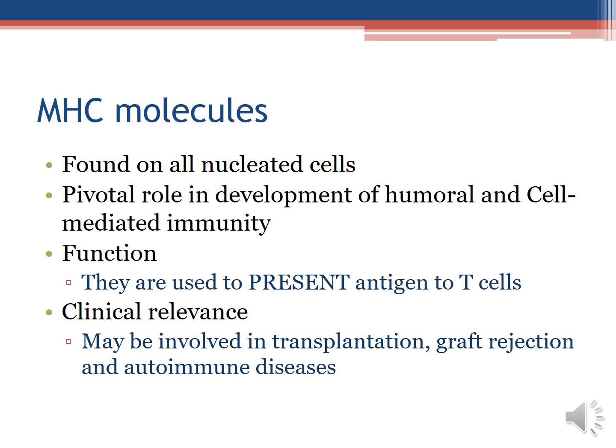So MHC molecules are found on all nucleated cells. If I ask you, do mature red blood cells express MHC molecules? The answer would be no, because they are not nucleated. What about a nucleated red blood cell?